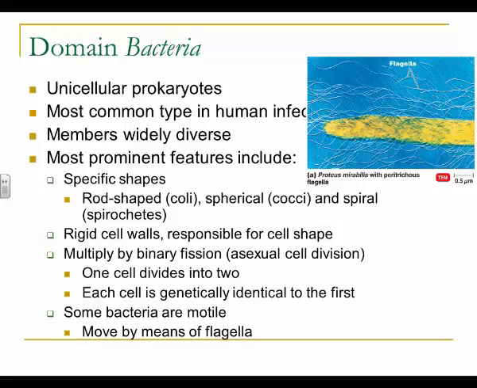Going back to the prokaryotic cell structure, the domain bacteria are characterized by a unicellular structure. They have a wide diversity because they exist in many different environments, from being pulled out of ice samples from the Antarctic to deep sea vents at the bottom of the ocean floor.